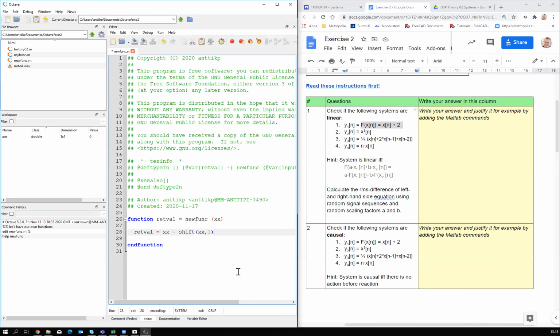So I will shift the data in X by 1 time sample.